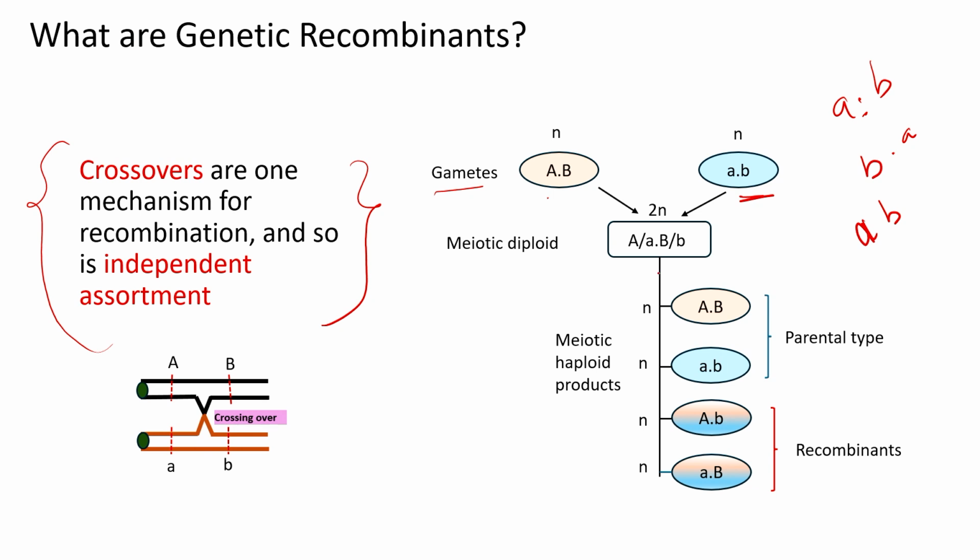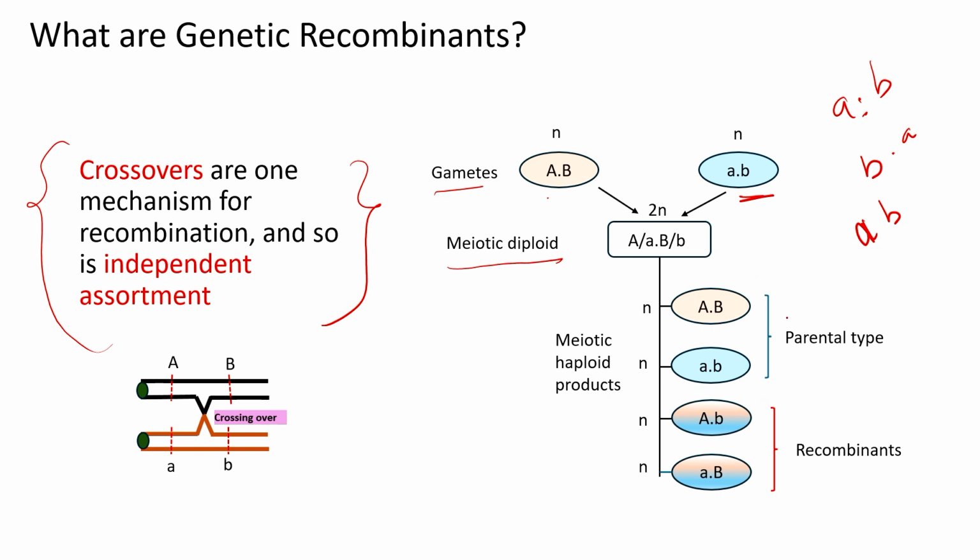So, when the gametes with A B and a b fertilize, they become the meiotic diploid, and they become heterozygous, right. When they undergo meiosis, we get the combinations, the 4 combinations. If we have 2 genes, then we have 4 combinations in a meiotic separation.